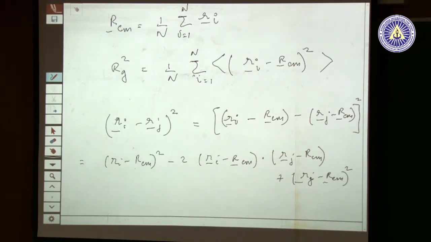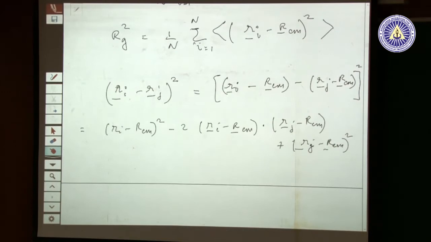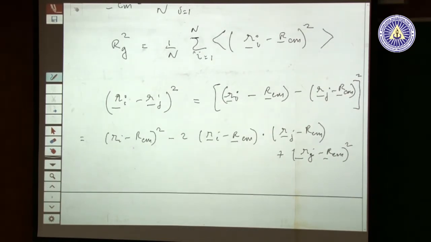Okay. Now, if I were to take the average of this, right. So, minus 2 times the average, and I will take a sum over i and j.